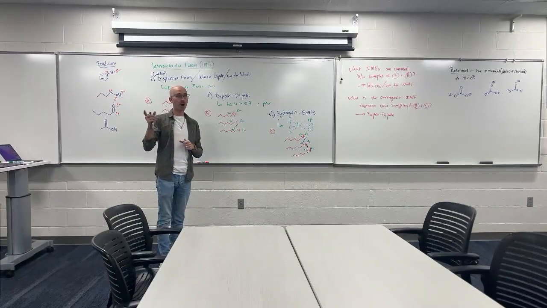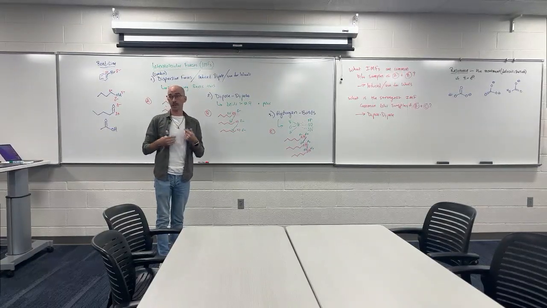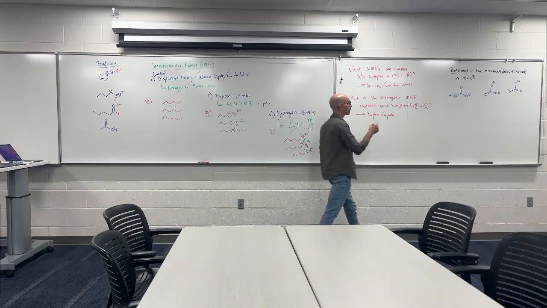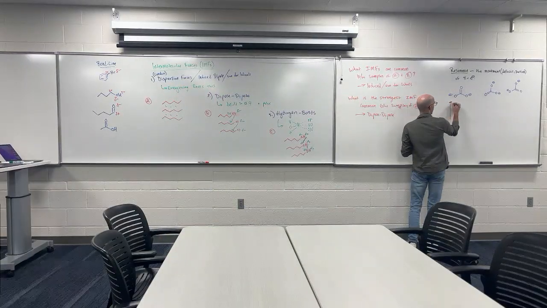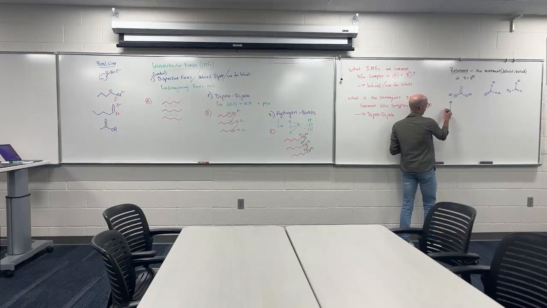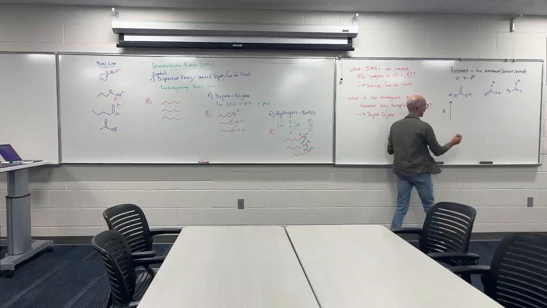But remember, MO theory says you're probably drawing a structure wrong. MO theory has an answer for what this is. And MO theory's answer, if we're looking at energy, is that there are 3 pi orbitals.